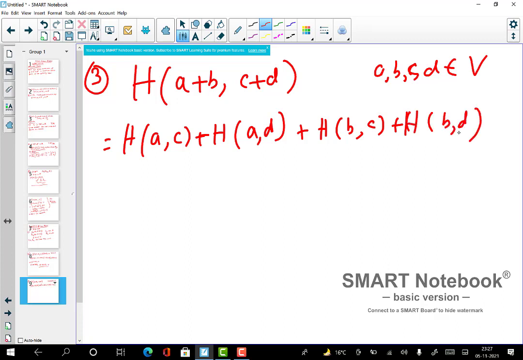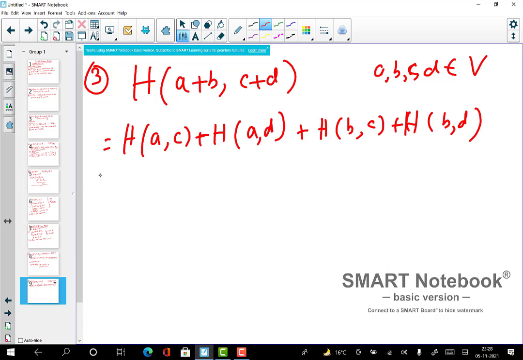And this is also very obvious. You first fix c plus d and use the property that h is linear in the first argument, so it will break into a and b separately, and then you do the same thing for fixing the first coordinate and doing the second. This is very obvious.